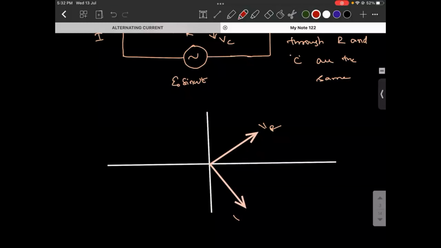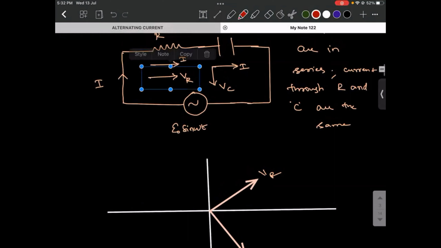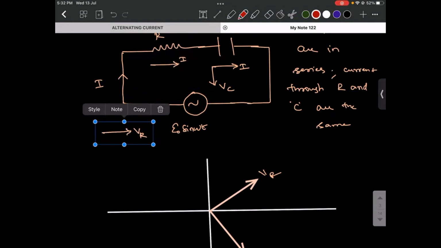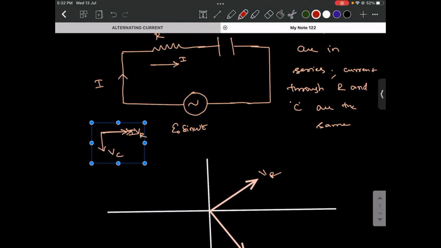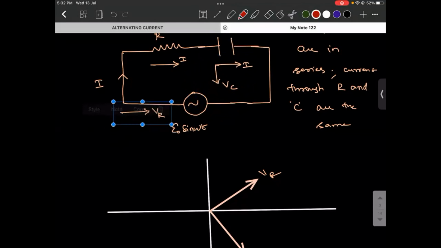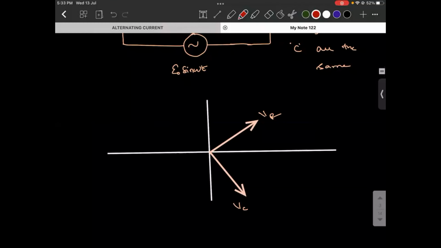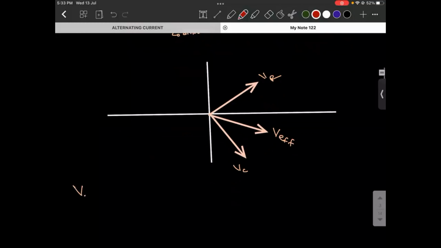Are you able to understand what I'm trying to say? Means, if this is VR, if this is VC, look at the way they both are. Right? So VR and VC are 90 degrees out of phase. So the resultant of these two will be V effective, which is given by the expression V effective is equal to root of VR square plus VC square.